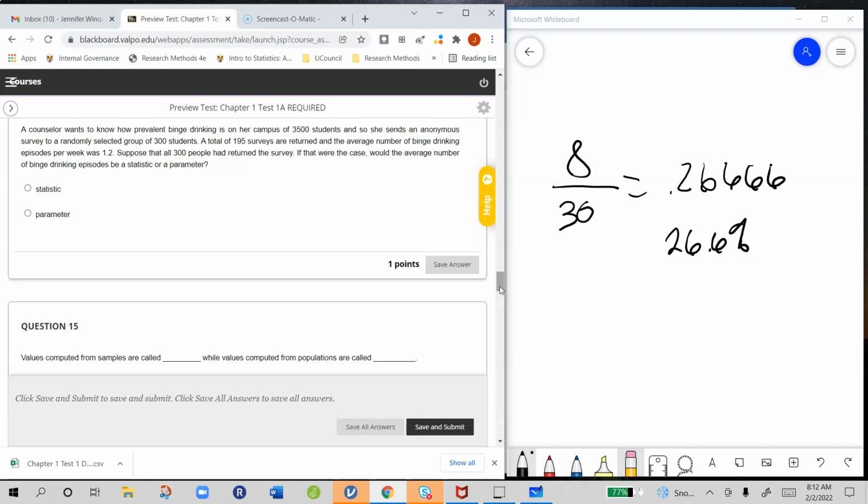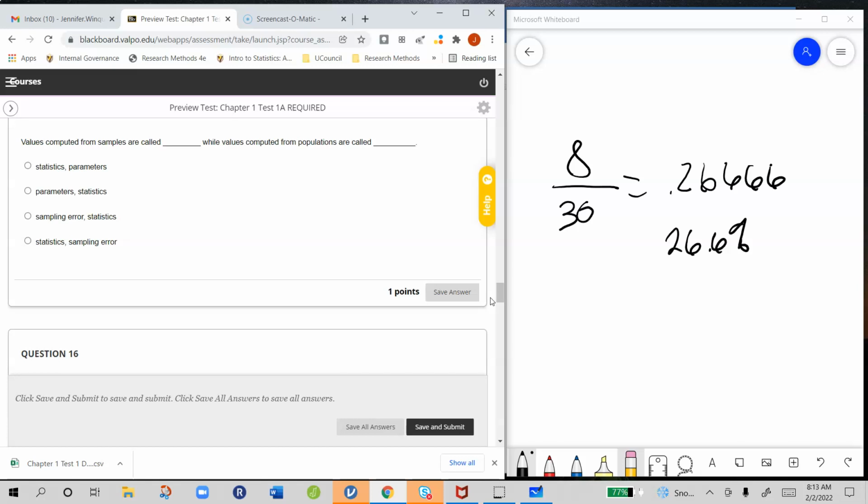It doesn't change anything. The average number would still be a statistic because you're looking at a subsample of that overall 3,500 people. It would only be a parameter if you considered the entire college campus of 3,500 people a population and all 3,500 people responded to the survey and you received an answer from them.